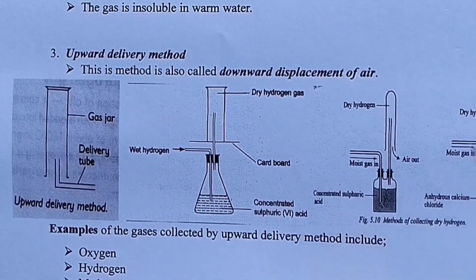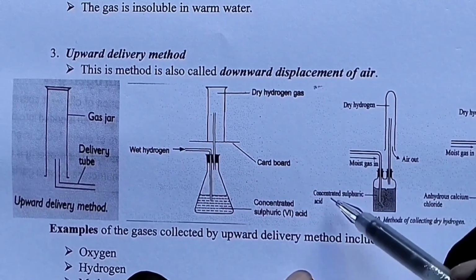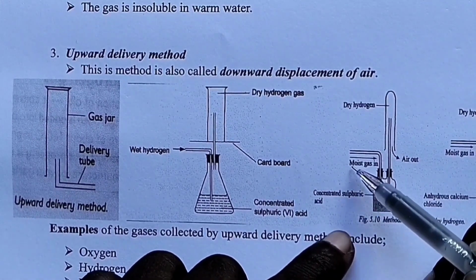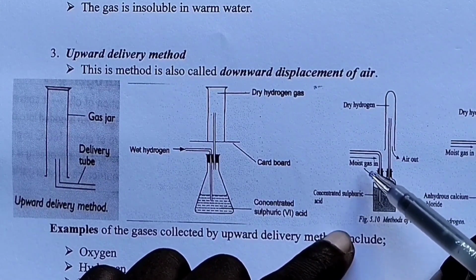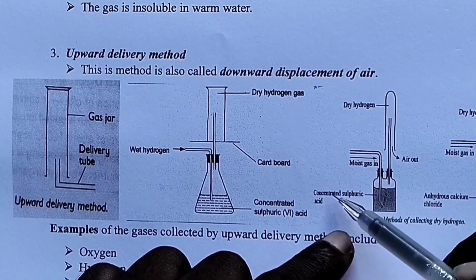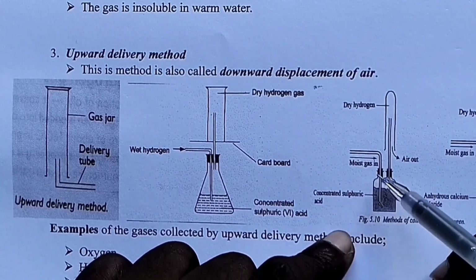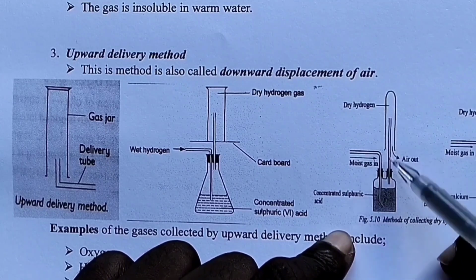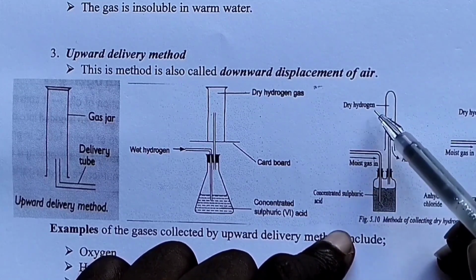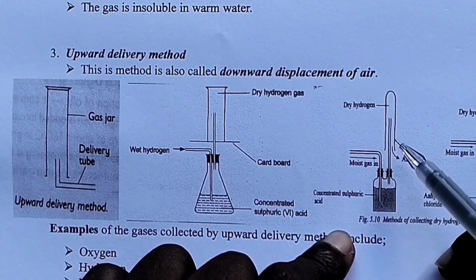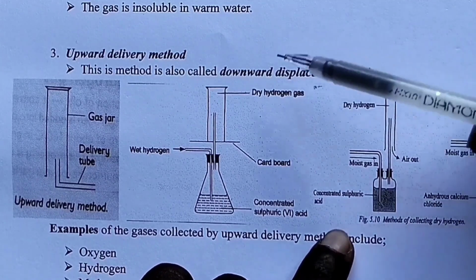So in this example, we have concentrated sulfuric acid. Here we are having wet gas in, or moist gas in, and this gas is dried using concentrated sulfuric acid and it's collected by the upward delivery tube. So this is dry hydrogen gas. We say it's also known as downward displacement of air.